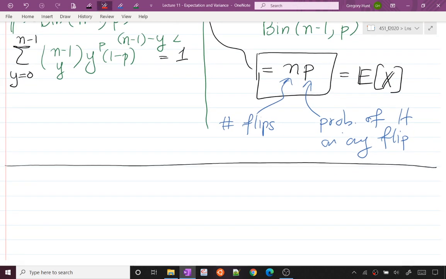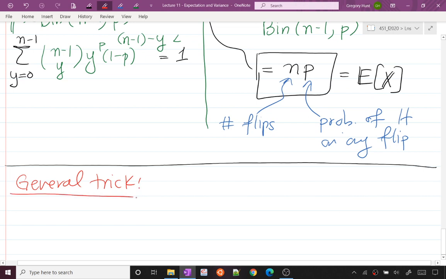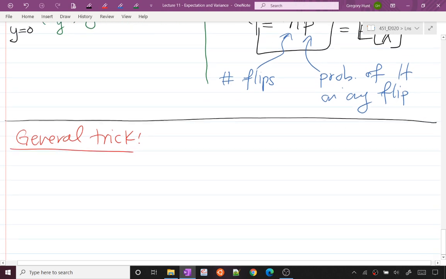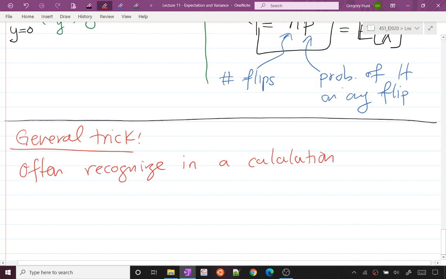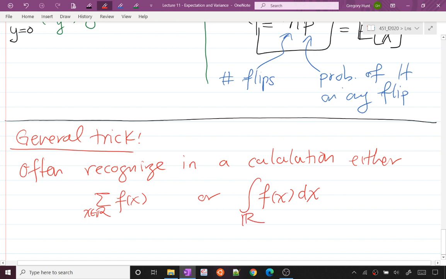The trick we saw here is a general trick, which solved this problem in a kind of complicated way, but we will use it again. Often we can recognize in a calculation, if we're clever, either the sum of a PMF or the integral of a PDF, say in this case over the whole real line.